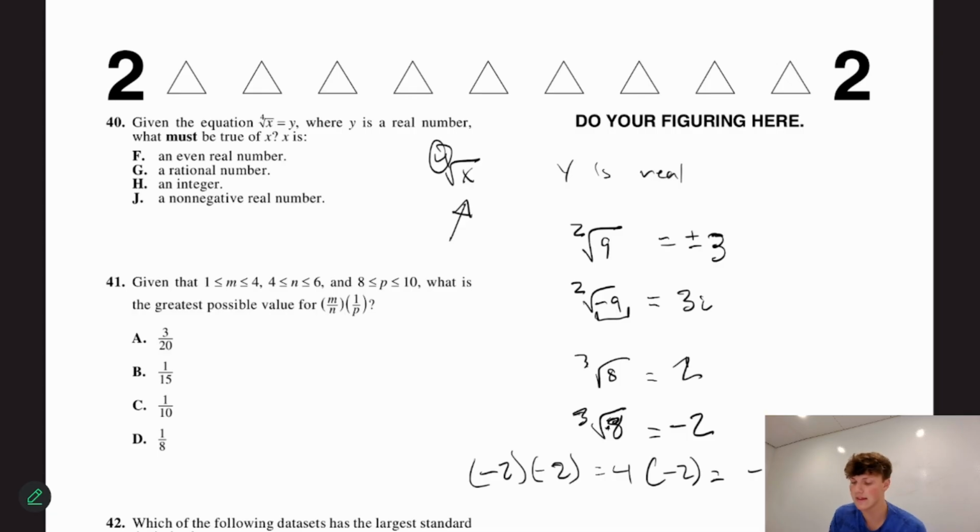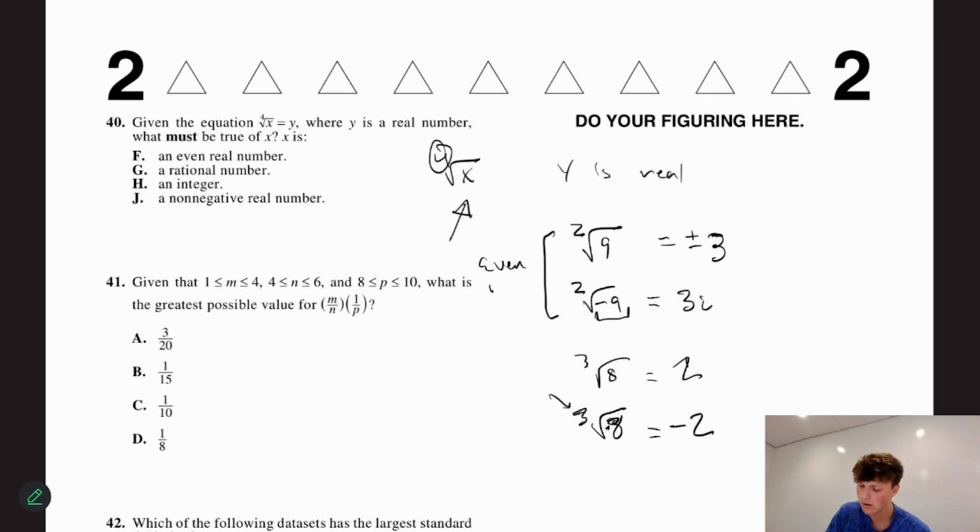So we now see that no matter if we put a negative number or a positive number inside this odd root, this cube root, we have no imaginary solutions. We have real solutions in both cases. That's the distinction: these are even roots, and these are odd roots.